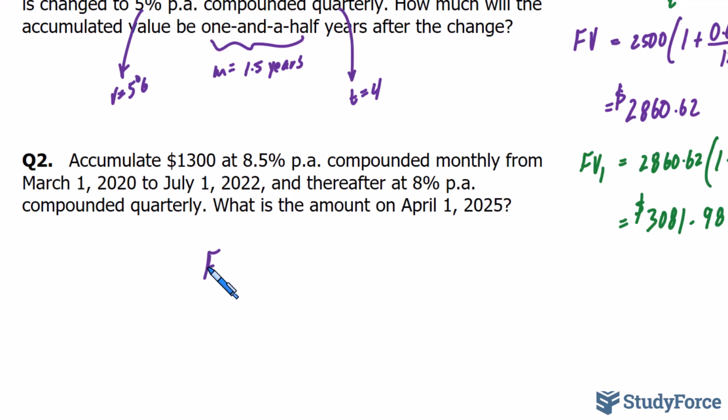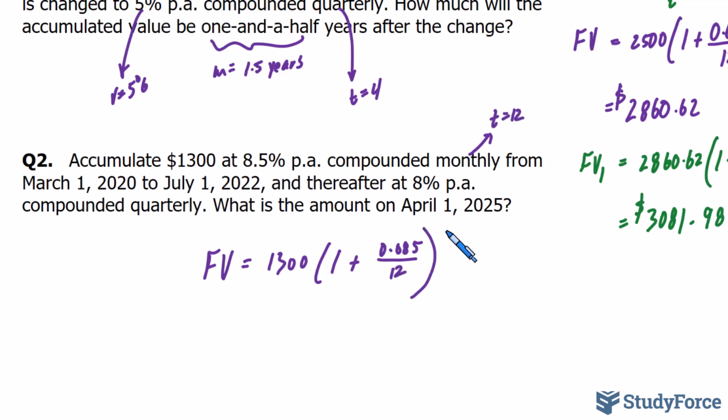Using the future value formula, FV is equal to a principal of 1,300 times 1 plus our nominal interest rate of 0.085, divided by 12. That will be raised to an m value that's unknown to us times 12. Remember, n is equal to m times t. t is 12. So we need to find m.